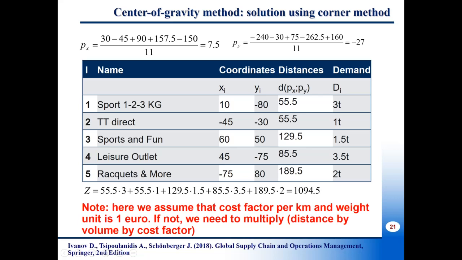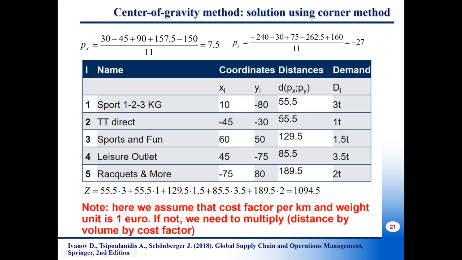And finally, minus 75 times 2, we have minus 150. And then we have the following number. We do the same for the ordinate of the central warehouse, and then we found minus 27. And we use this number to calculate the distance.